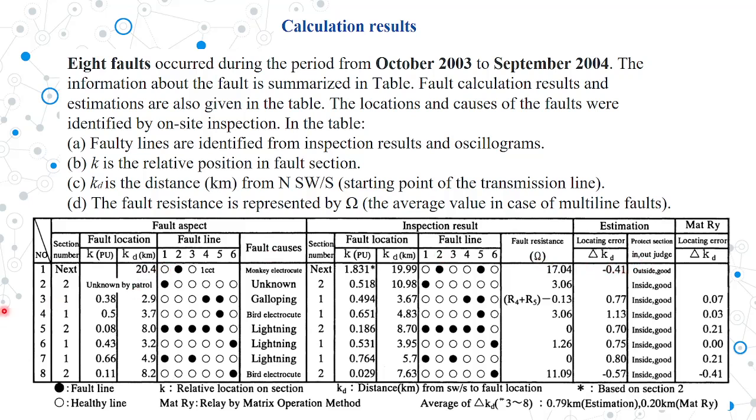The second fault is by unknown patrol, and the third one is by galloping, and bats and birds and lightning. These are the causes. And we got 7 faults that occur inside the system and 1 fault that occurs outside the system in the period of 1 year.